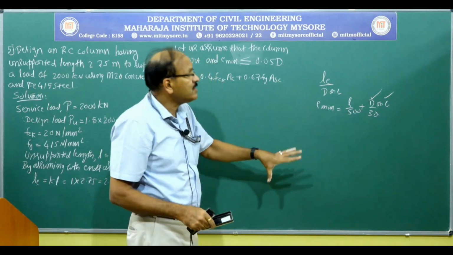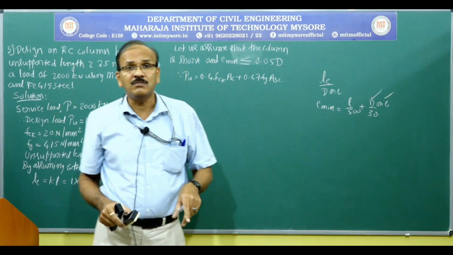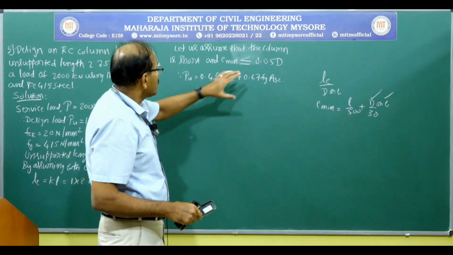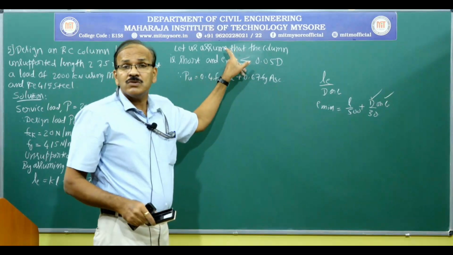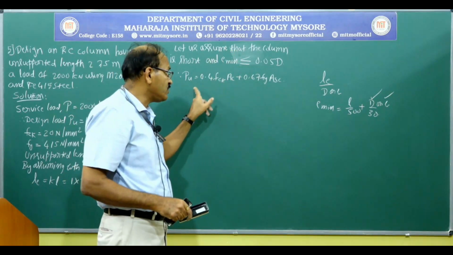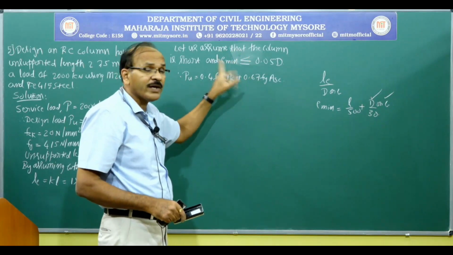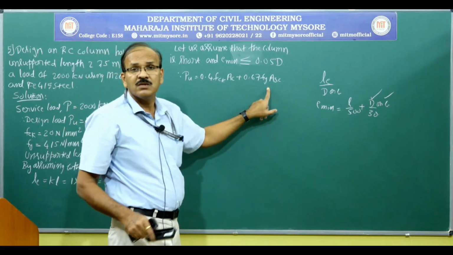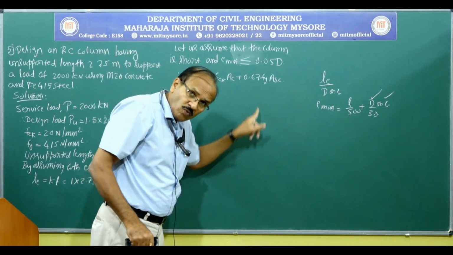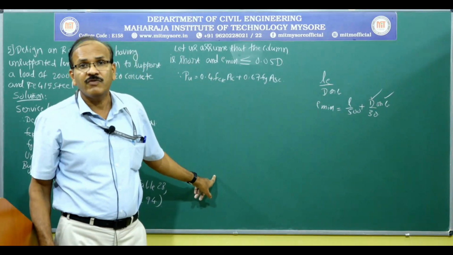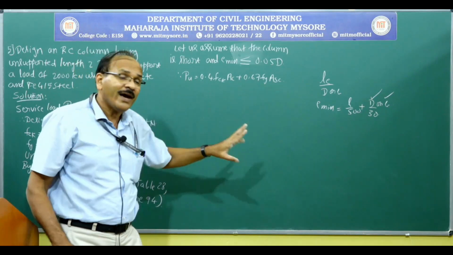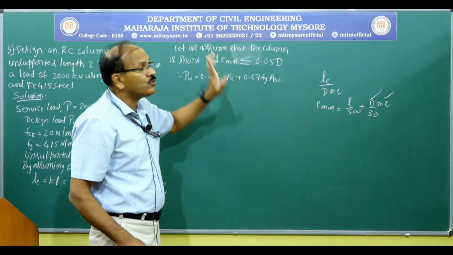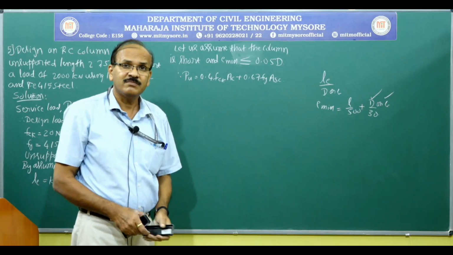In the absence of the dimensions of the column, I cannot find out these two values. However, I am using this formula assuming these two conditions are satisfied. Once I have this, I am going to find out what are the dimensions required for the column. Then I go back and satisfy these two conditions later.